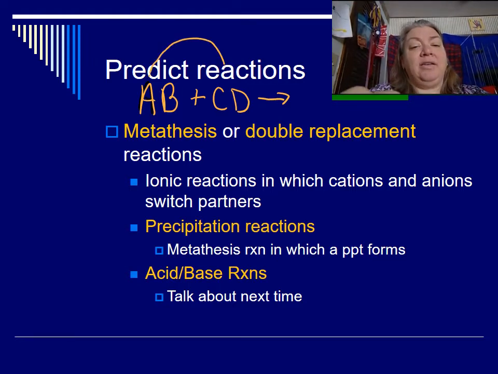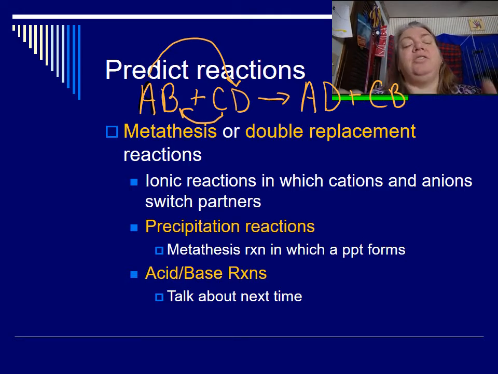So A is going to react with D, and then C is going to come back and react with B. Don't worry, we'll do a few examples of these. But again, they're going to change partners. We keep in mind what's positive and negative. We have to look at charges.